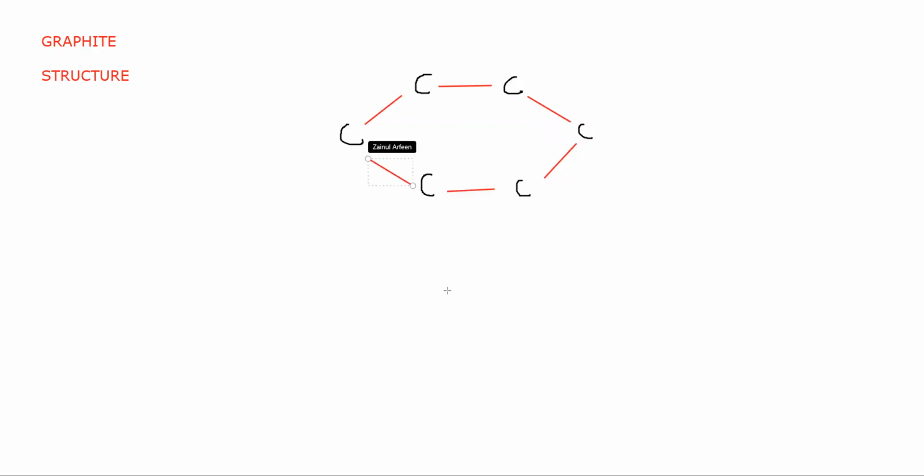So this is one ring. Why do we call it hexagon? Hexa means 6, so it's a hexagonal ring. And this will continue: 1, 2, then 3, 4, 5, 6. So you will join them.